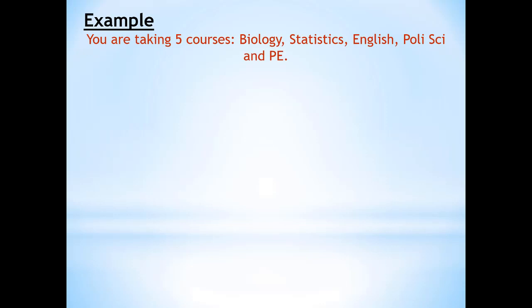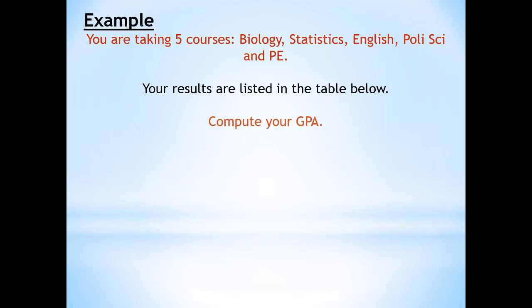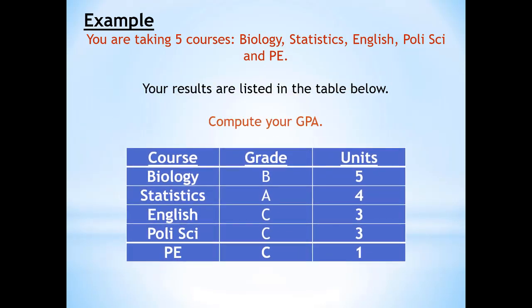Let's say you're taking 5 courses: biology, statistics, English, poli-sci, and PE. Your results are listed in the table below. We want to compute the GPA. In your biology course, you got a B at the end of the semester, and the course was worth 5 units.